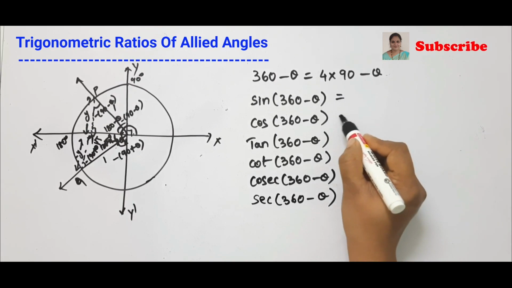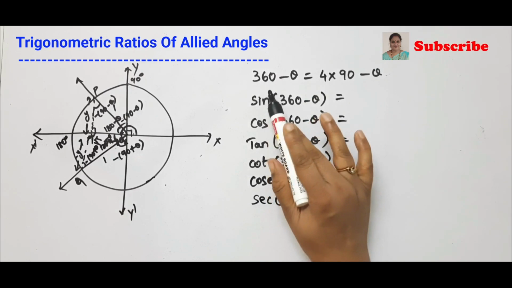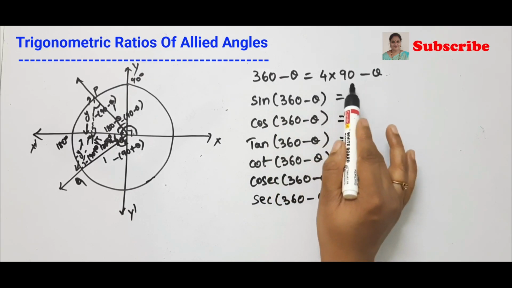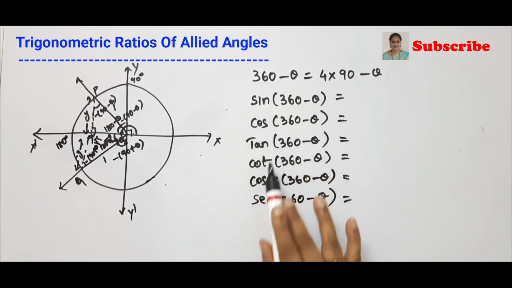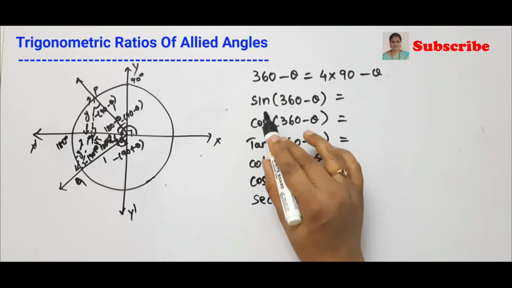Just keep the equal to sign. As this 360 can be expressed as an even number into 90, there will be no change in the trigonometric ratios. So write down the trigonometric ratios the same as we have written here.